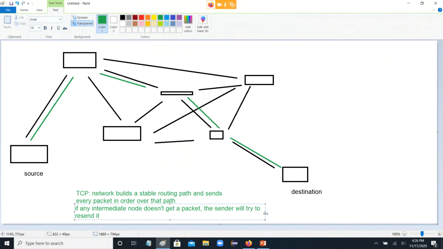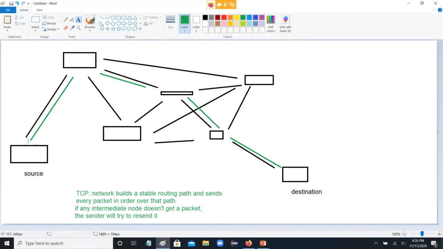So the essential idea there, the guarantee is not that a packet will definitely get there. The guarantee is every time the source sends a packet, the next step will return a confirmation that says, thanks, I got it. And then the source knows it's time to send the next one. So if the source doesn't hear back after a while, then it's going to assume, oh, that packet didn't get through, I'd better resend it, right?